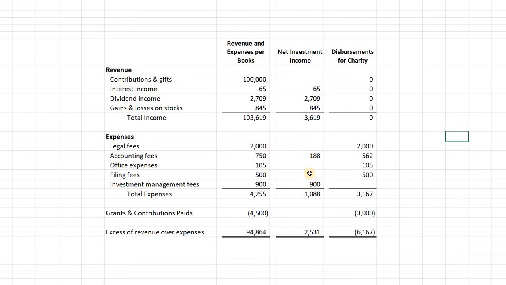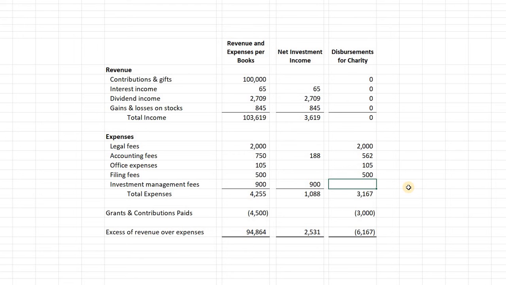So for our net investment income, you are only allocating expenses that are directly related to the net investment income, and then a portion of your expenses per books that you deemed can be appropriately allocated to these earnings. So you notice here that the investment management fees, we're allocating all of it to net investment income, and none of it's going to charity or being allocated for charitable purposes.